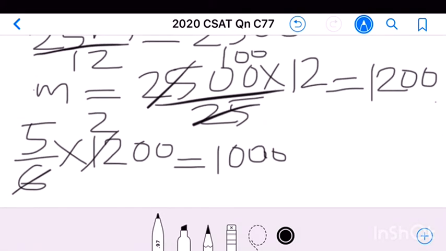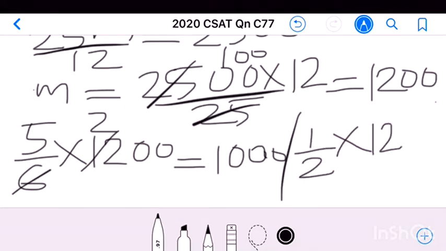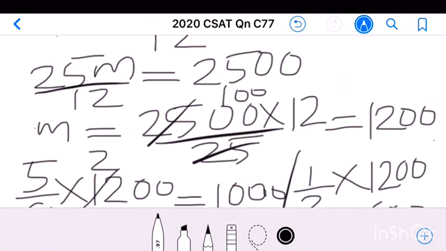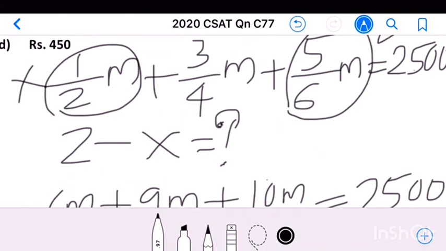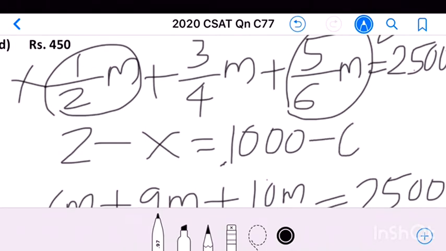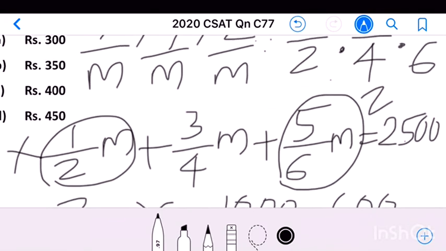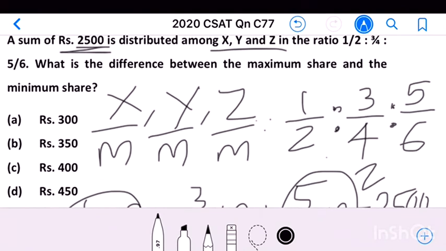Then the share of x equals 1 by 2 into 1200, which is equal to 600. Then the difference between the share of z and the share of x equals 1000 minus 600. We get our answer, option C, rupees 400.